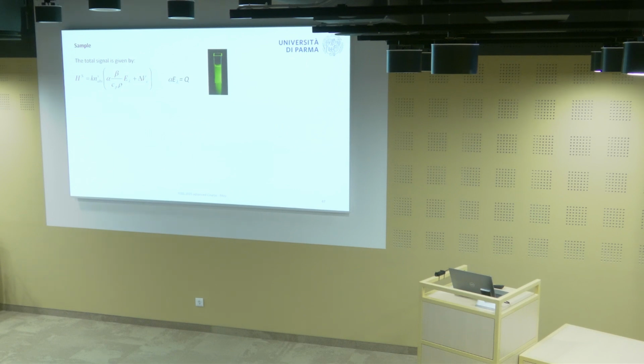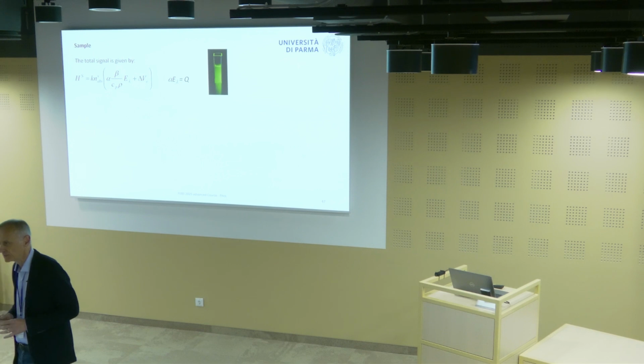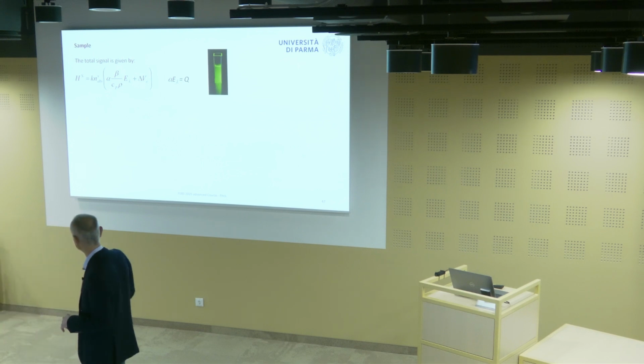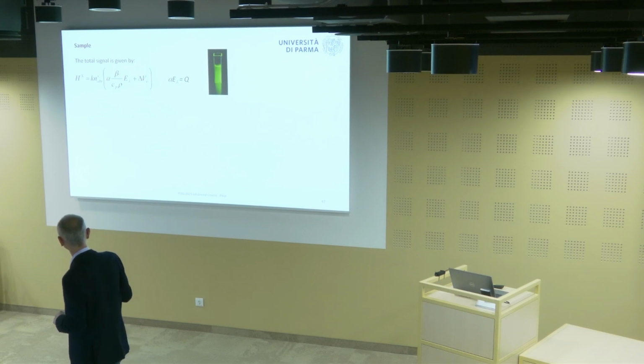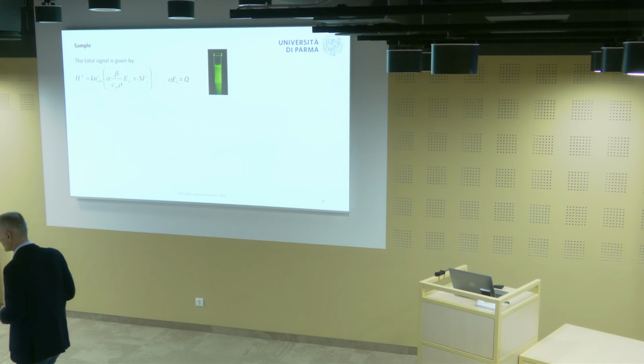The intensity of the signal can be heuristically described by this equation. It's proportional to the number of absorbed photons, and it's proportional to the heat released, which is alpha times E lambda. Alpha is the fraction of absorbed energy released as heat, plus a volumetric term.